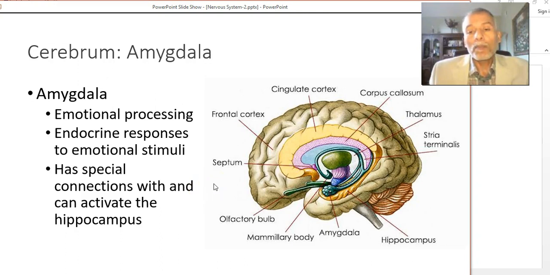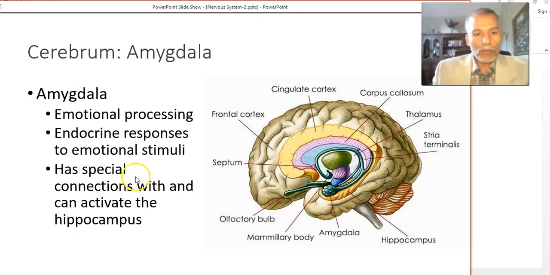The amygdala is a little structure about the size of a pea, located next to the hippocampus. So the hippocampus is here. The amygdala is located next to the hippocampus, and it is connected with the basal ganglia. The amygdala is your primary emotional processing center, especially for emotions that have to do with social experiences and fear regulation.